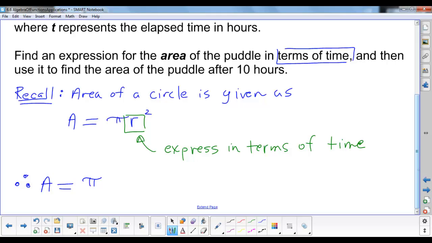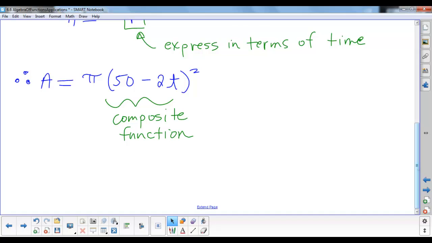We will end up getting pi times, picture 50 minus 2t, all of that squared. That is the relationship we need to work with, which is area, but now expressed in terms of time rather than just r. So we have a composite function for area in this case.